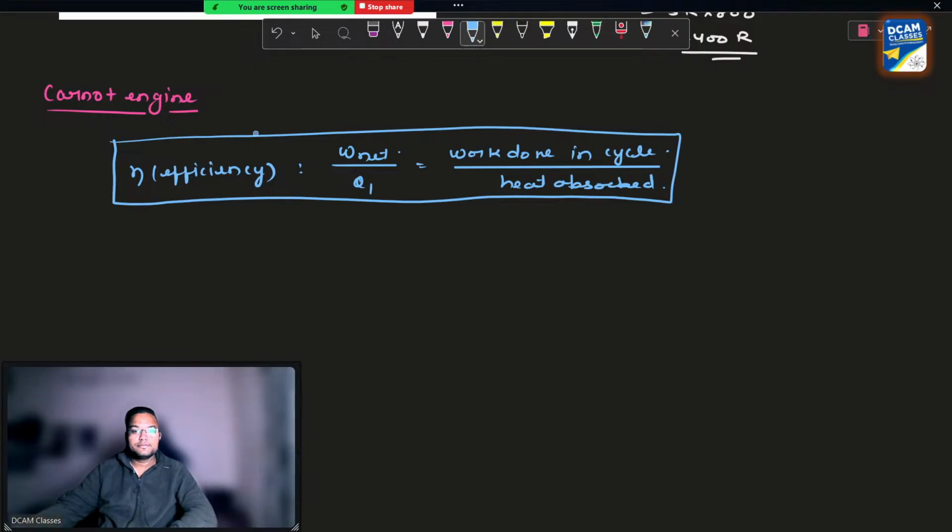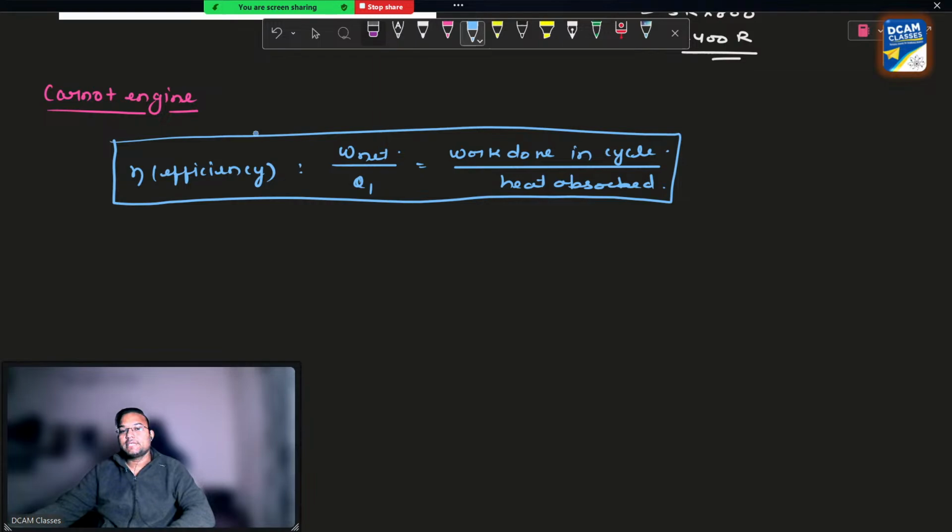Once you know this one, let me draw the Carnot engine.